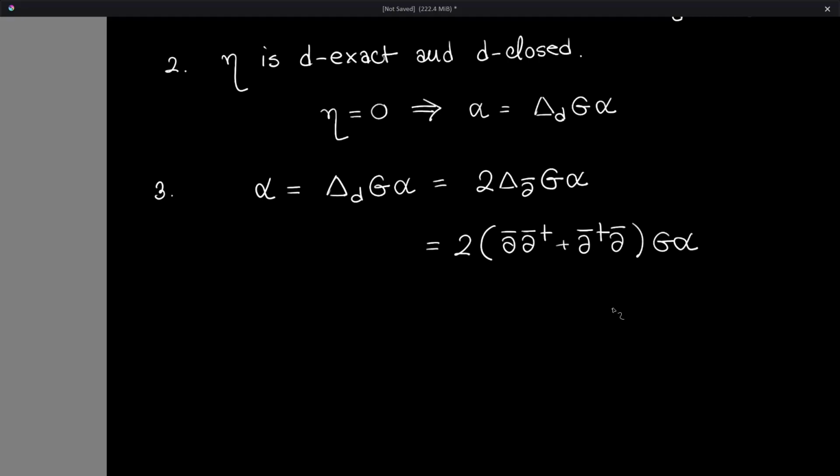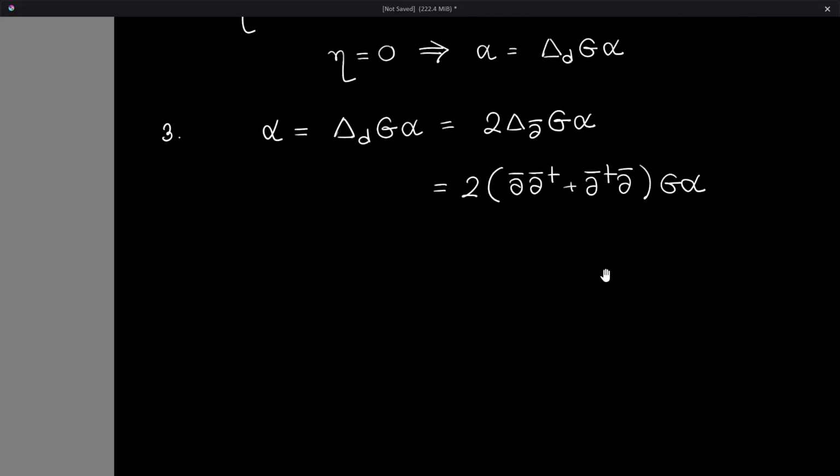Now here we're going to need to use some commutation relations. So number 4, commutation relations: partial bar after G of alpha is equal to G after partial bar of alpha.